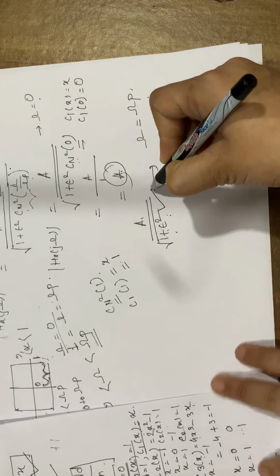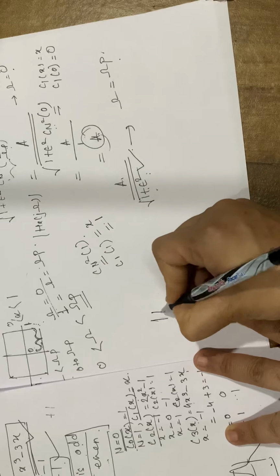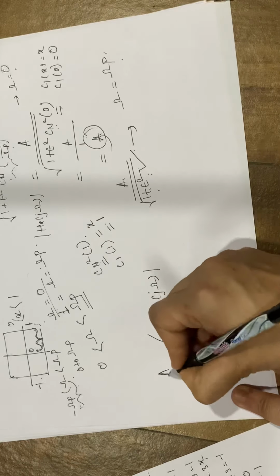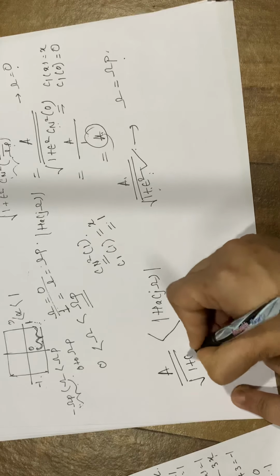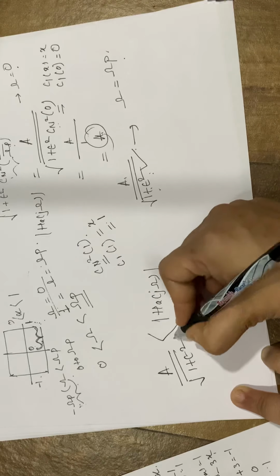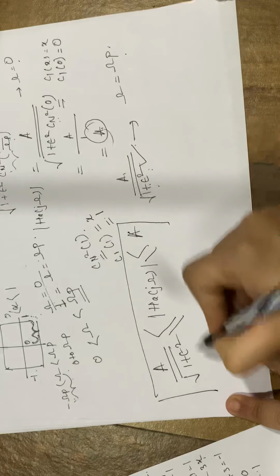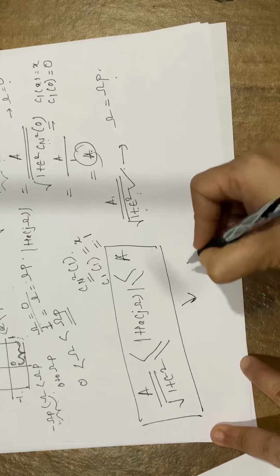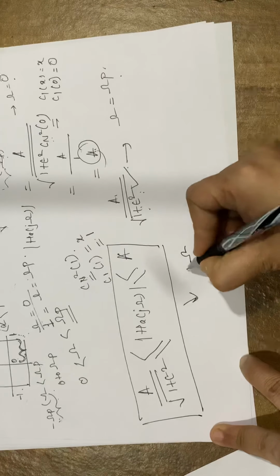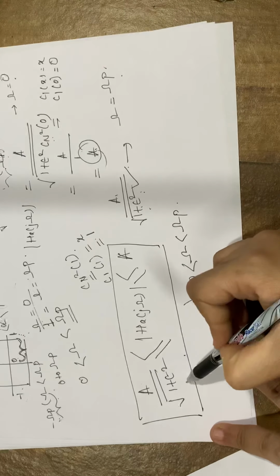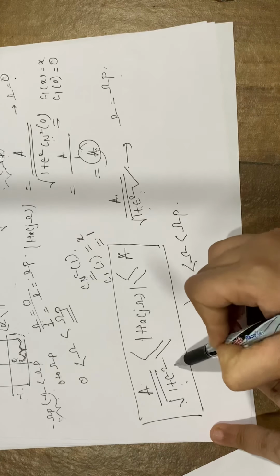Obviously this is the smaller value, so I can say that this HA of j omega lies between A upon under root 1 plus epsilon square to A. So your transfer function in your pass band, that is when omega lies between 0 to omega p, will actually lie between these 2 points, that is A upon under root 1 plus epsilon square and A.